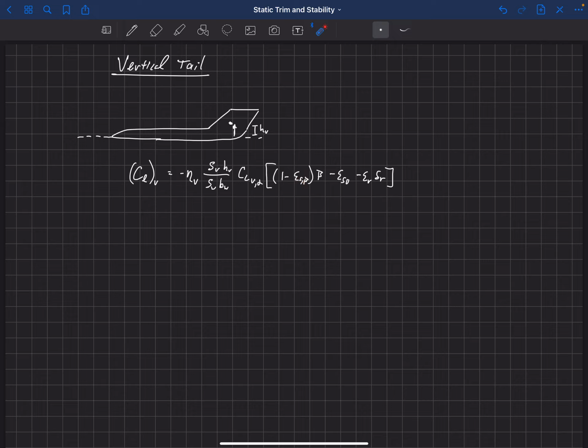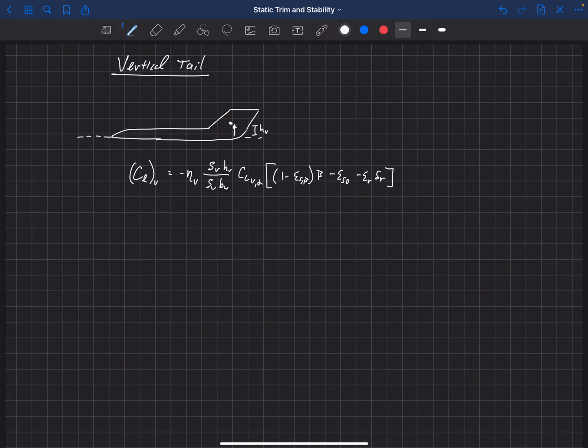And then we've got epsilon r, so that's some efficiency of a rudder deflection multiplied by the rudder deflection itself. And usually this efficiency would be between 0 and 1, where 1 would be if the entire vertical surface rotates as the rudder, and 0 is if you have zero rudder. So that depends on your flap chord fraction and how big that rudder is compared to the surface of the vertical. So anyway, that's where those components come from.